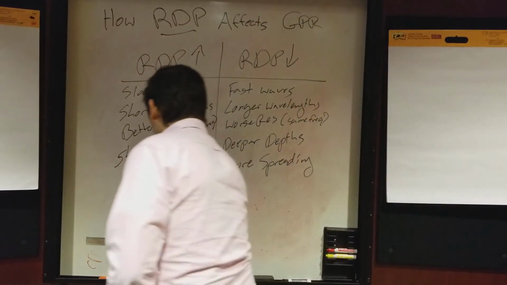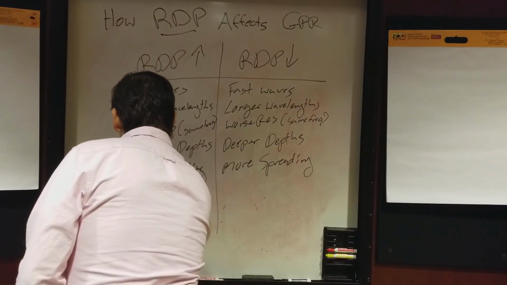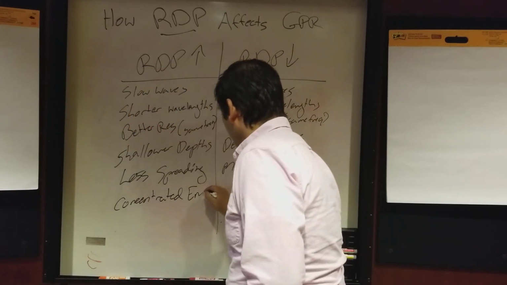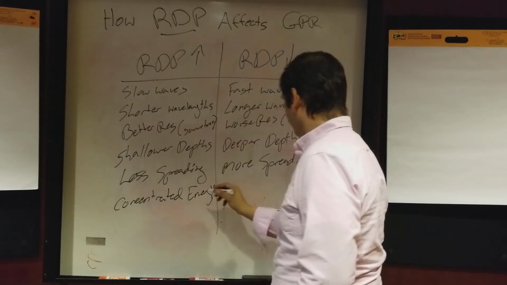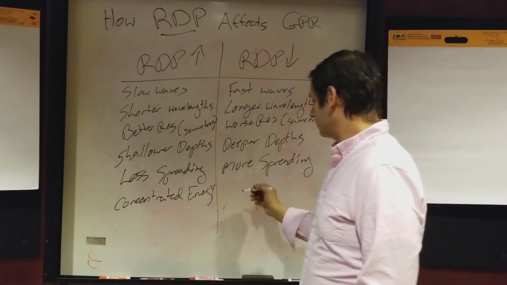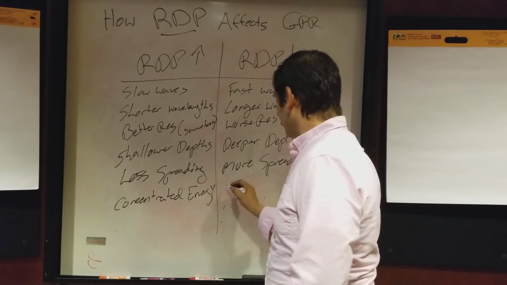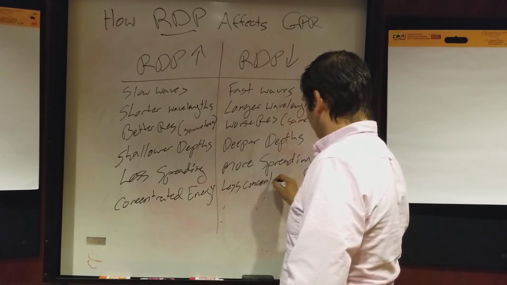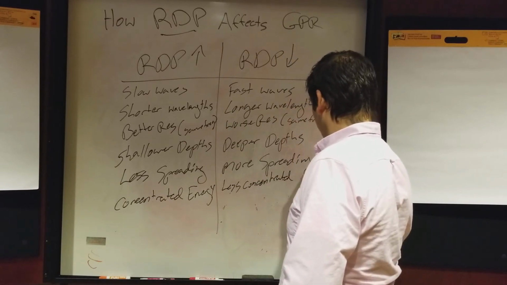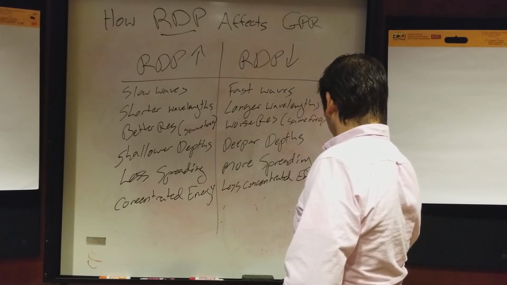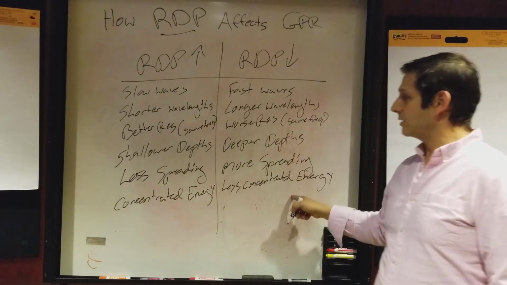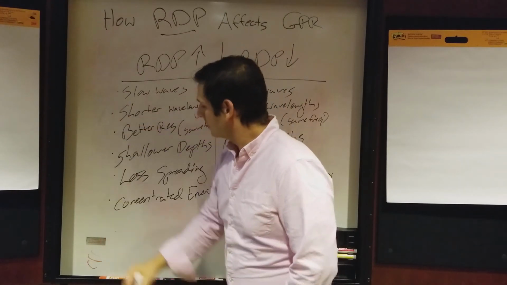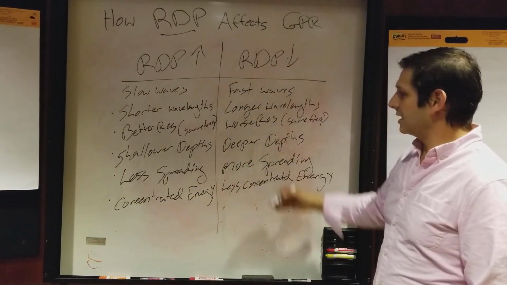So you have concentrated energy, and then obviously less concentrated energy. So that's six things that we went over.